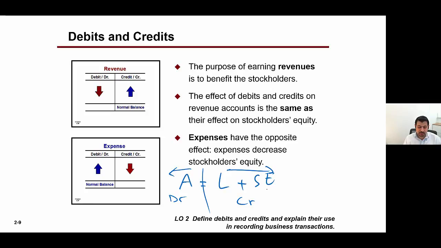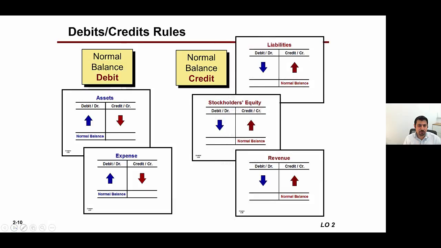Now, like we said, when revenues increase, stockholders' equity increases, so the effect is positive, and this is why revenues have a normal credit balance. On the other hand, when expenses increase, stockholders' equity decreases, and this is why they are on the debit side.